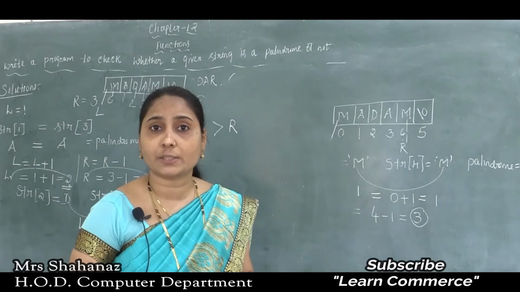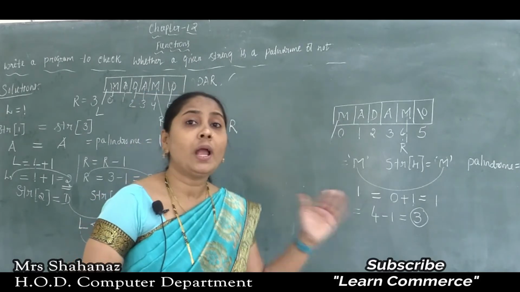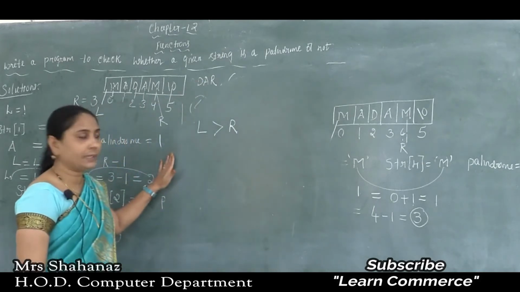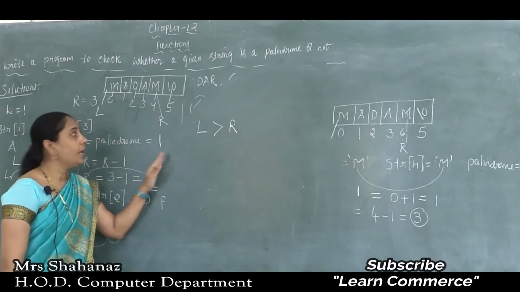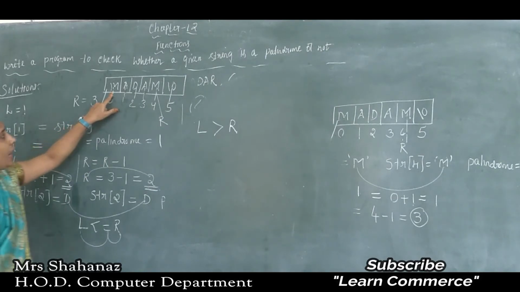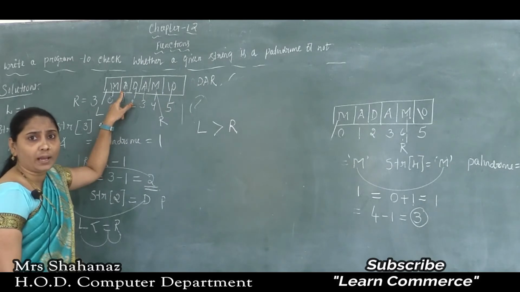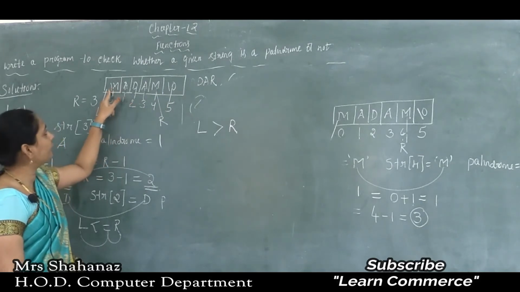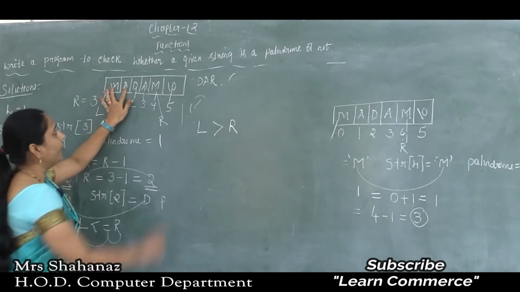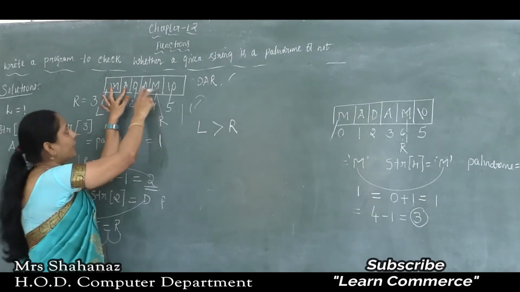By using such a condition, we calculated from one to another. And finally we can say that the left half of the string MA and the right half of the string MA are equal, and the middle one is D.